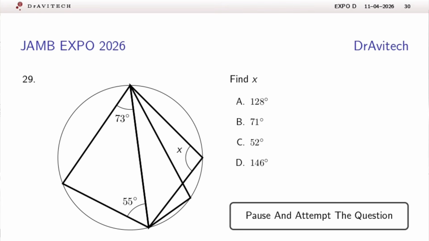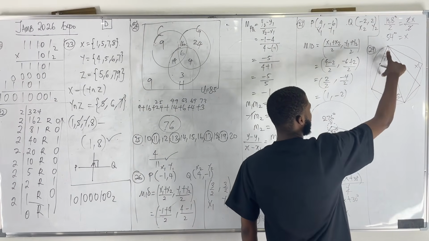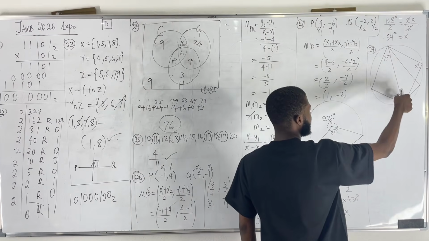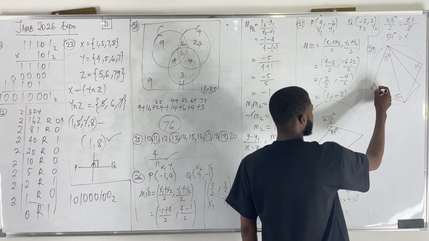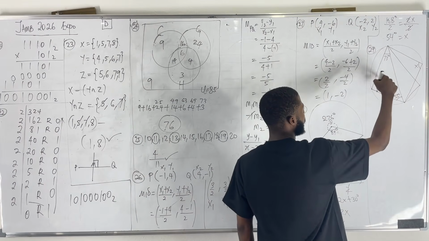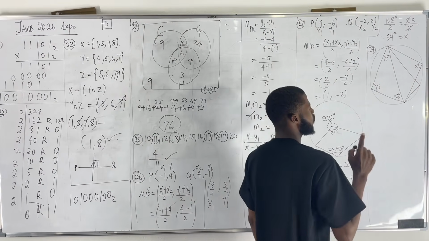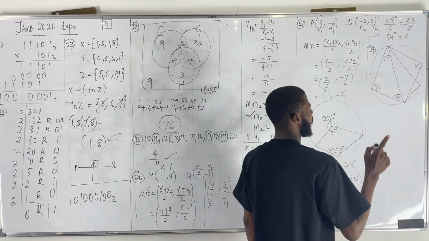Question 29 says we should find x. Okay, so we're asked to find the value of x. First things first is, if you look at this shape, this is a triangle. If you look at this one, this is a triangle here. So this, and this will make up a triangle. So let me call this one y. If this, and this is a triangle, that means to get the value of y here, first of all, we know that angle in a triangle is 180. Angle in a triangle is 180.